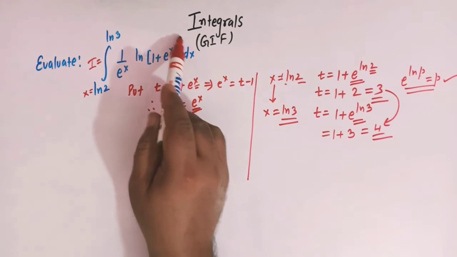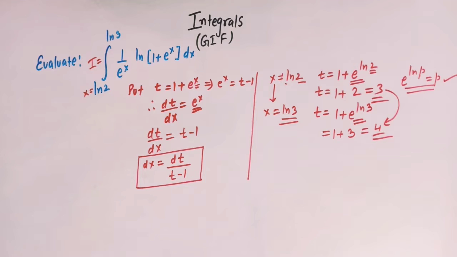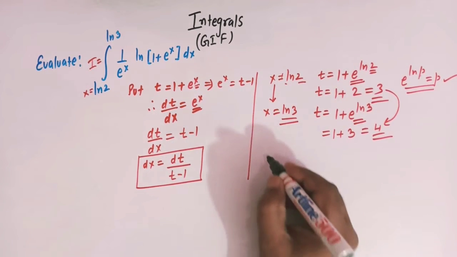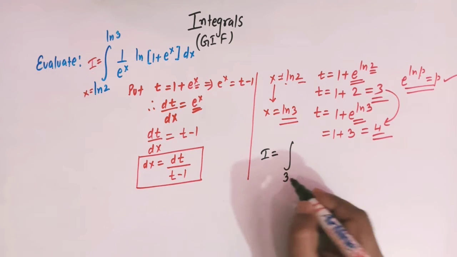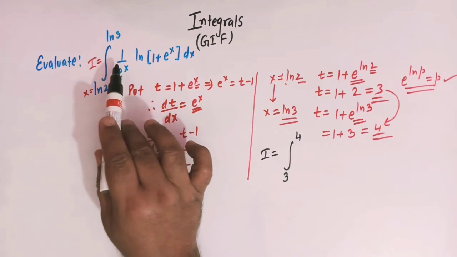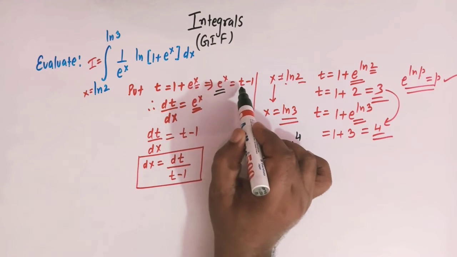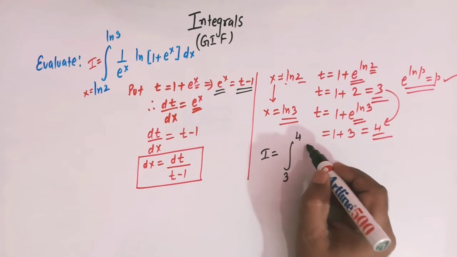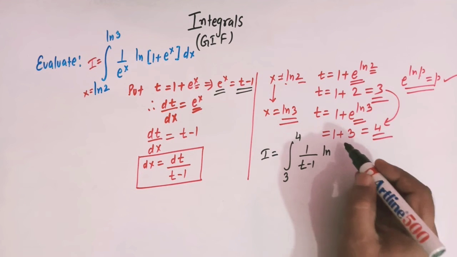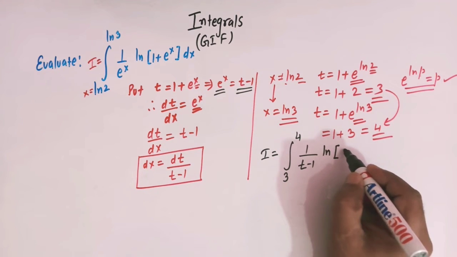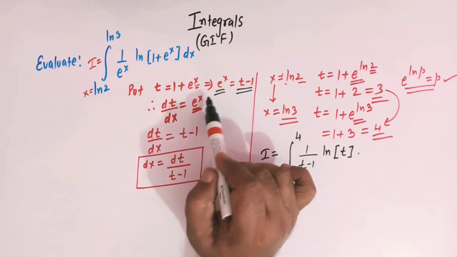Now let us express this integral in terms of t. We can write this integral I as the integral from 3 to 4 of 1 over e raised to x, which is 1 over t minus 1, then the log of the greatest integer of t, because for 1 plus e raised to x we have t.